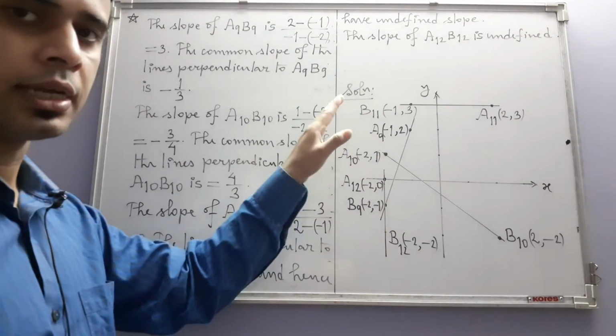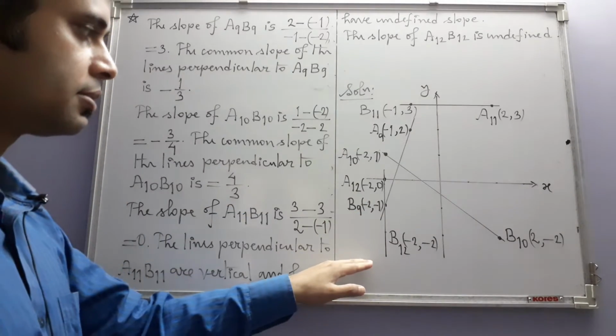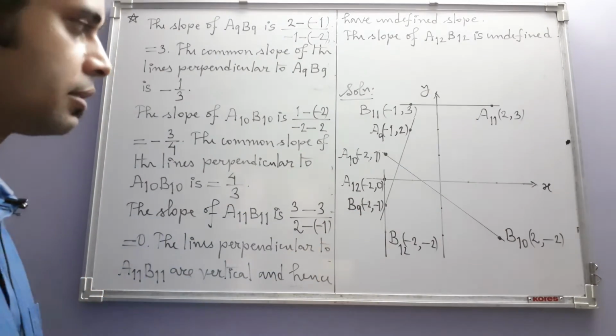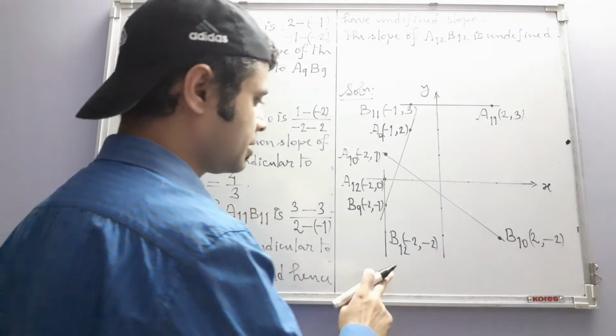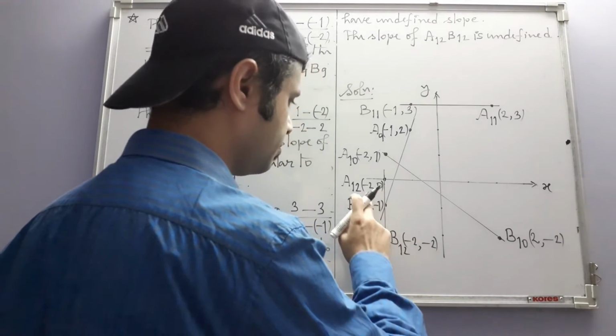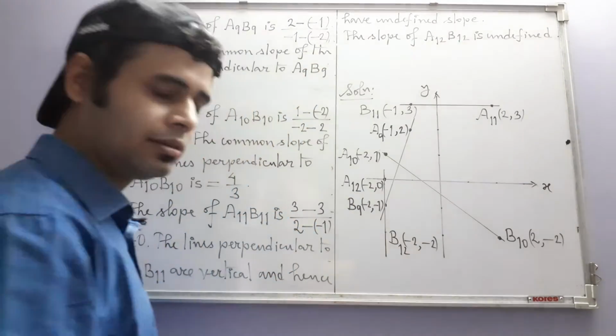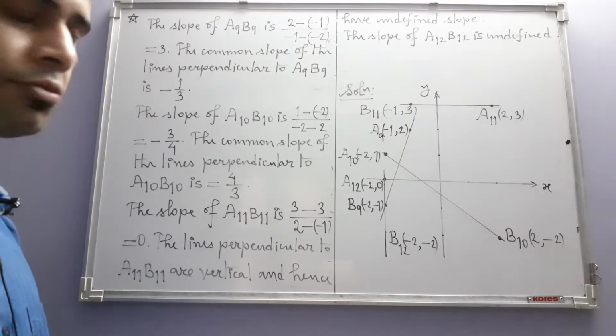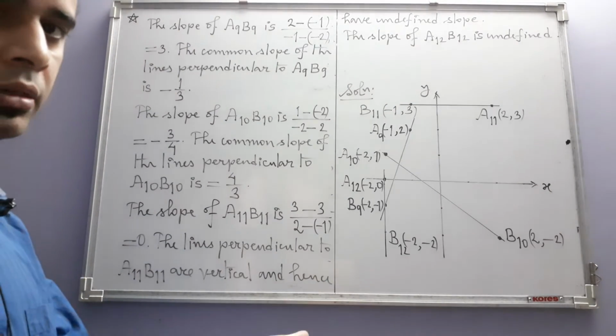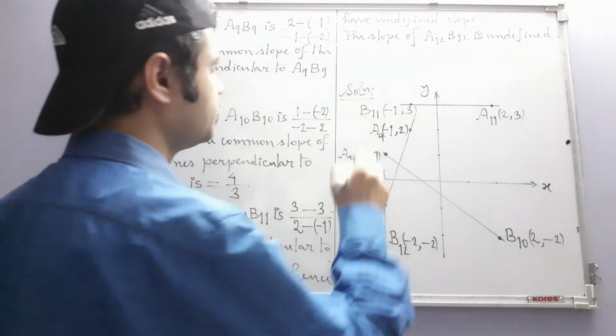Either you can say it's undefined because the line is clearly seen to be vertical, or you can say it's undefined because the x increment is 0, so you cannot form the ratio of y increment to x increment.